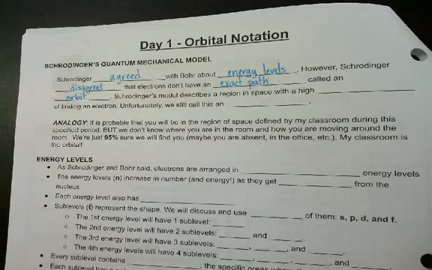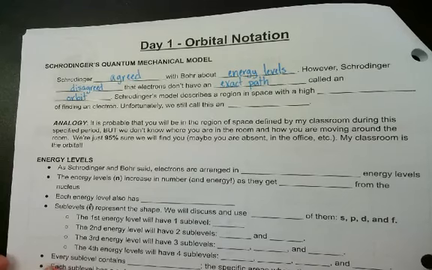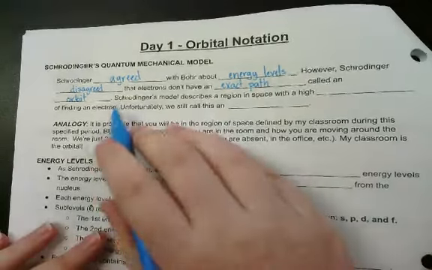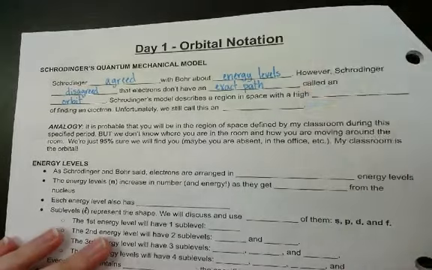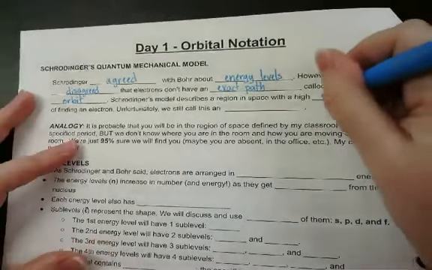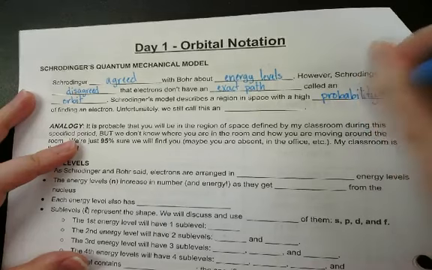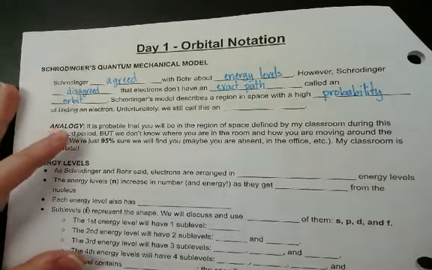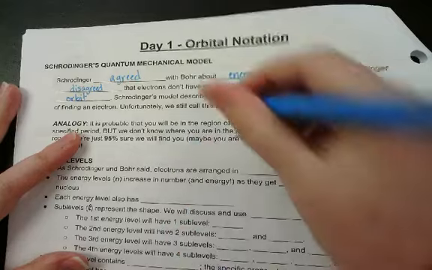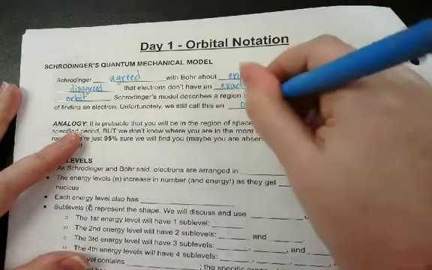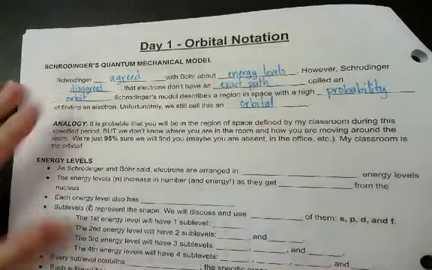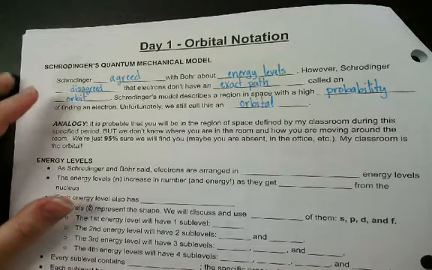Schrodinger said no, definitely yes to those energy levels, but they don't have a specific path around the nucleus. Schrodinger's model describes a region in space with a high probability of finding an electron. However, this region in space is called an orbital. So no to orbits, yes to orbitals.